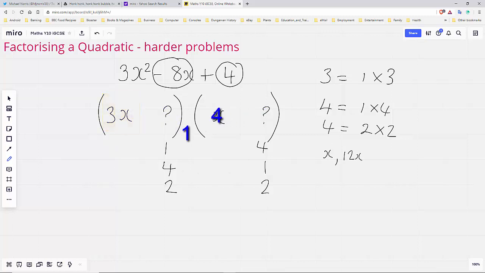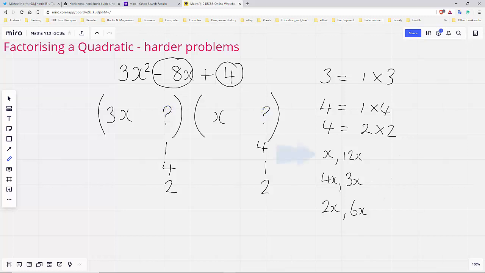If I take the 4 and the 1, the 4 will multiply by the x, so I'll end up with 4x, and the 1 will multiply by the 3, so I'll get 3x. And finally, if I take the 2 and the 2, 2 will times by x to give me 2x, and the 2 multiplied by the 3 to give me 6x, and there's my possible solutions.